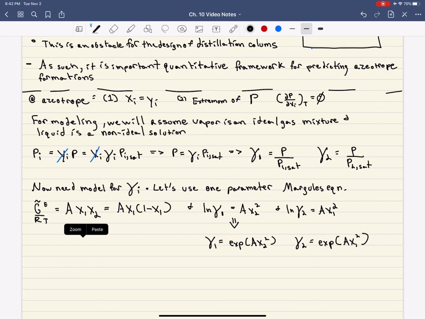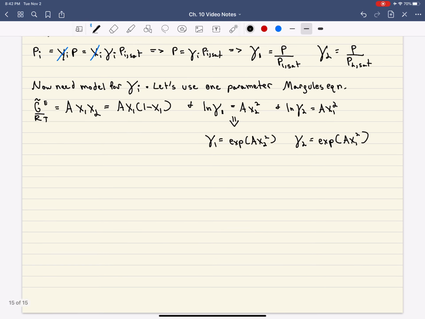to the pressure equation. We know that total P is just equal to P1 plus P2.